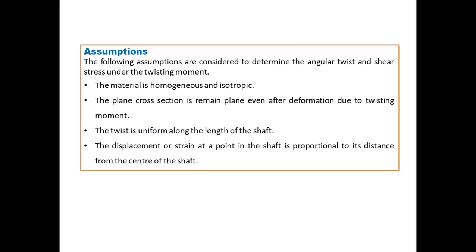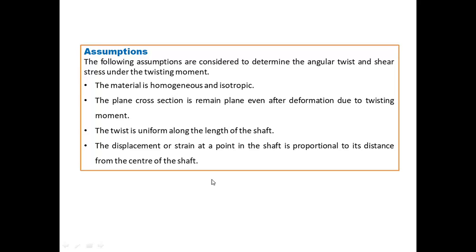In the torsion theory, we consider some assumptions. The following assumptions are considered to determine the angular twist and shear stress under the twisting moment. When you apply a twisting moment, shear stress and angular twist will develop in the material or member.